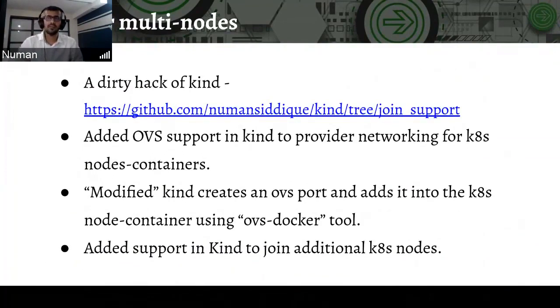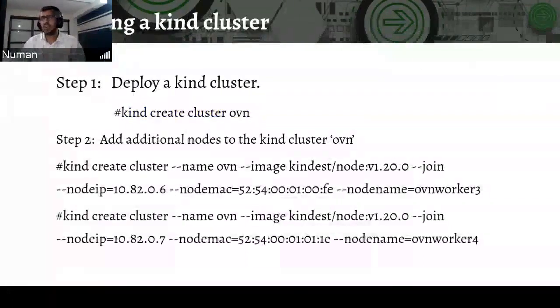I also modified this utility to join additional Kubernetes nodes to an already deployed k8s cluster. This is roughly how it looks. You first deploy a simple k8s cluster. It comes up within a few seconds, and then you can run these additional join commands to add additional worker nodes.